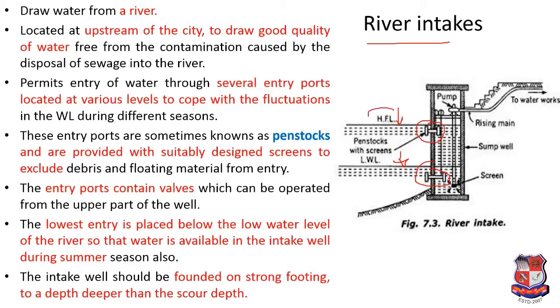If there is a high flood level, then you can operate this entry port, and if the water level is low, then this entry port with the screen can be operated. These entry ports are generally called penstocks. They are connected with these valves for the control of flow.